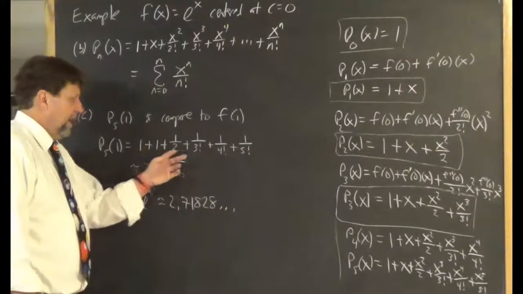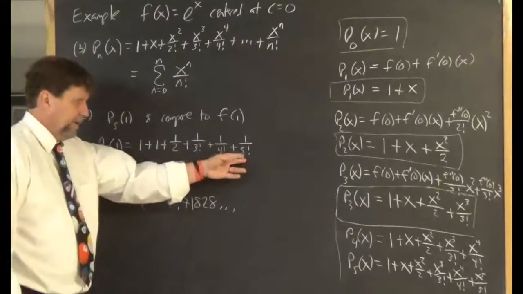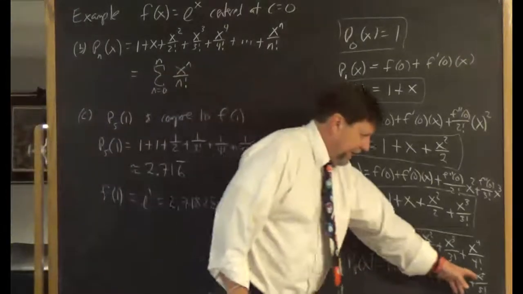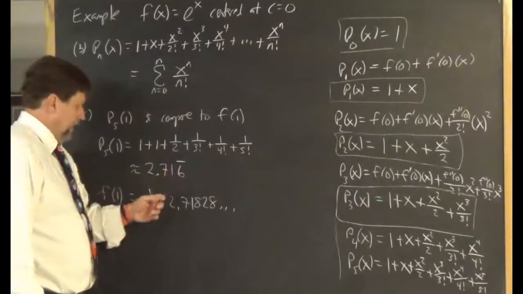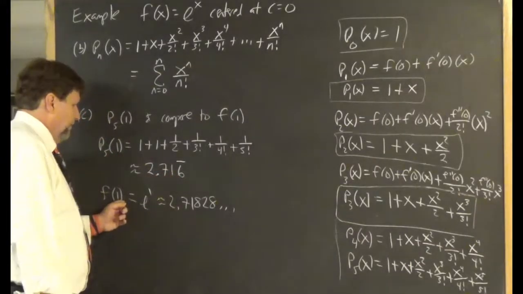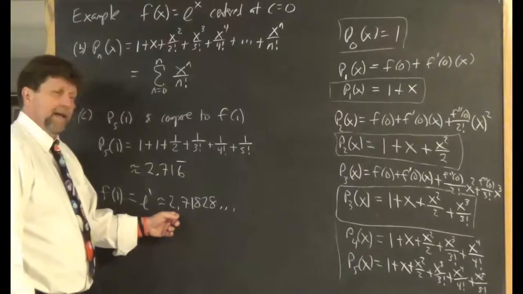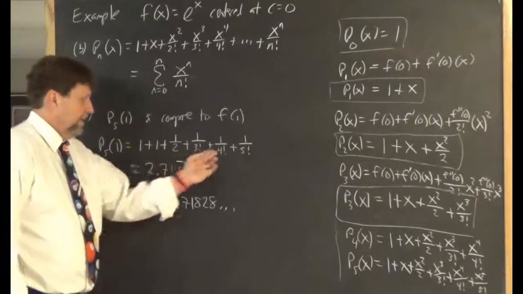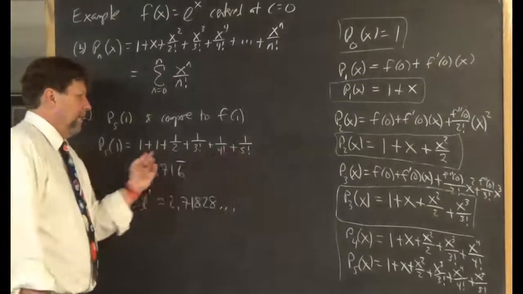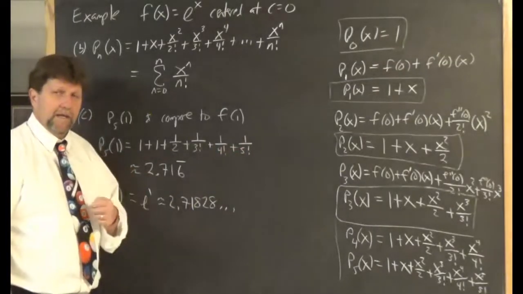So going up to the degree of 5, you have 2.716 repeating. F of 1 is actually 2.71828. That's not a bad approximation, just using that minimum amount of terms to approximate e to the x.